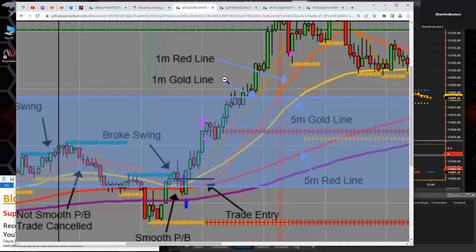But you can see here that sometimes 1 minute EMAs are mixed in with 1 minute SMAs. So the red line is an SMA, right? It's a 21 SMA, the red line. Again, the gold line is a 9 EMA, right?